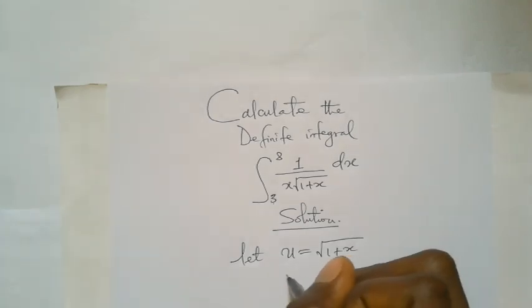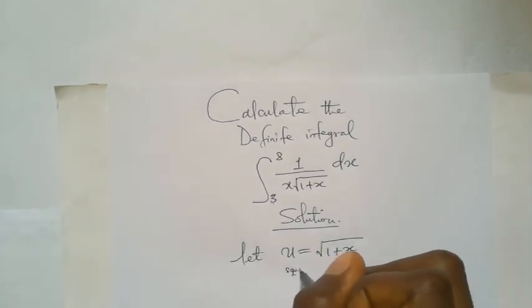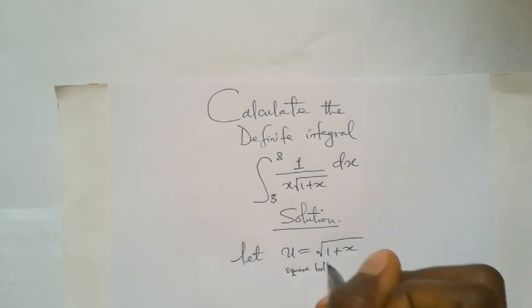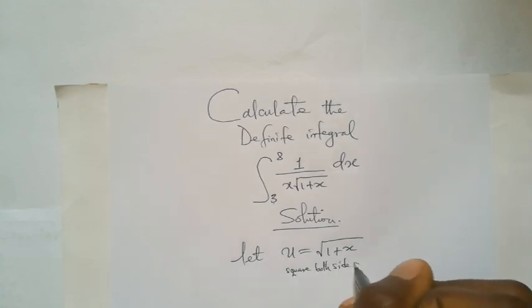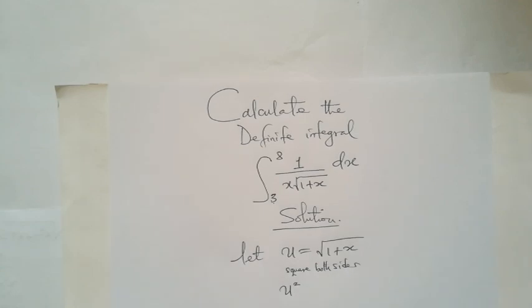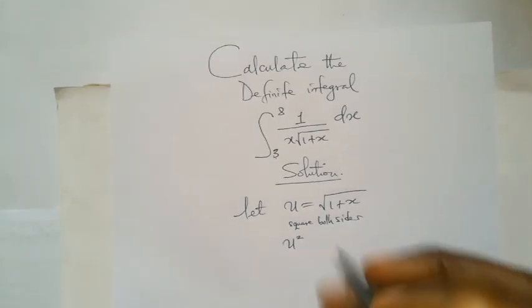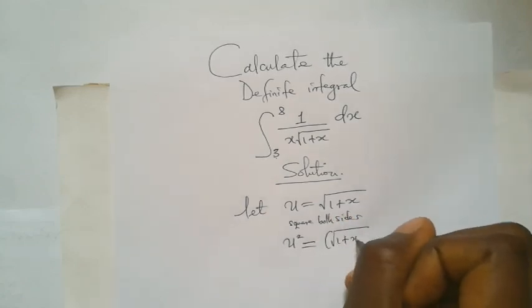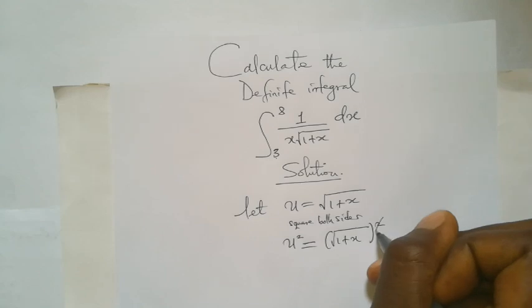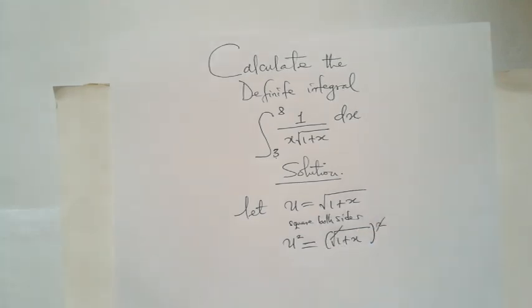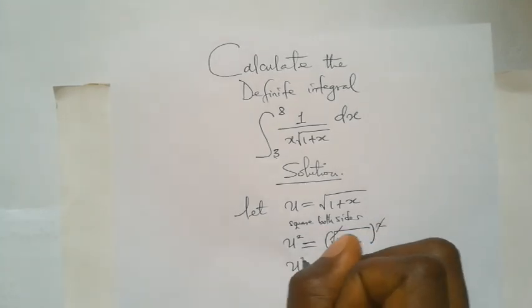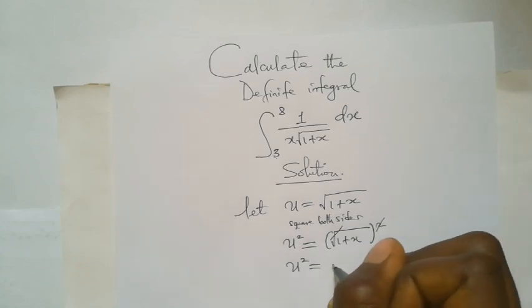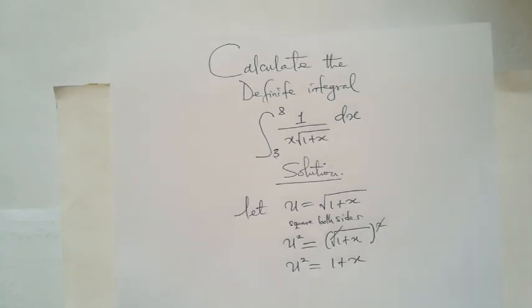Then we square both sides, so we have u squared is equal to the square root of 1 plus x, squared. The square and the square root cancel, so we are left with u squared is equal to 1 plus x.